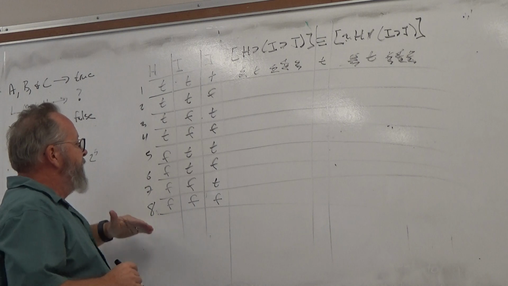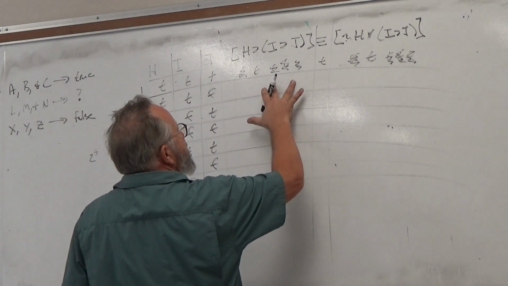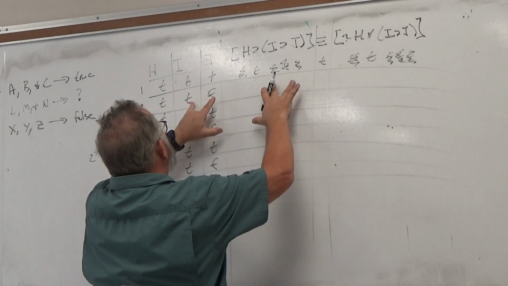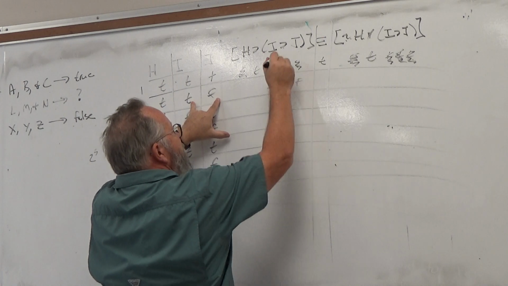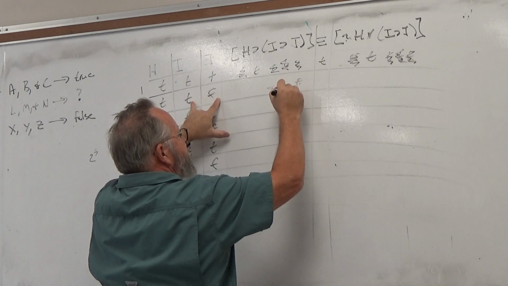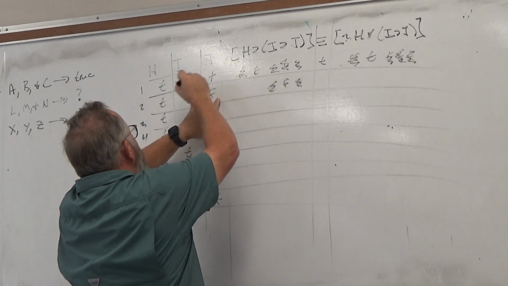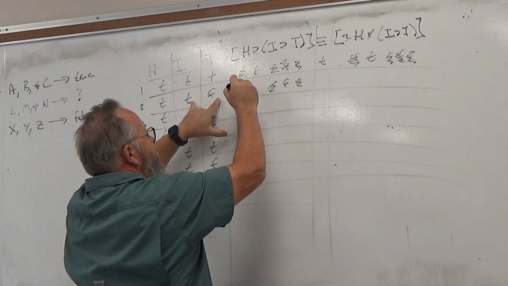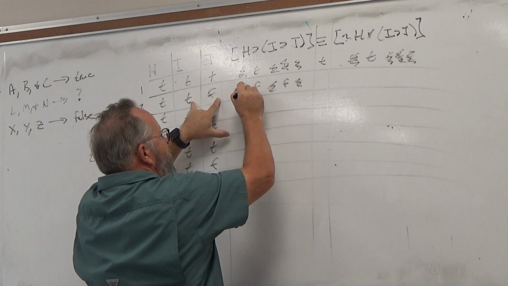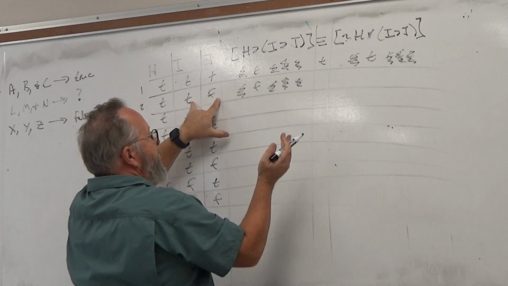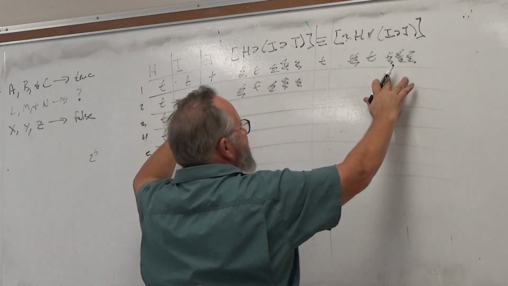Well, now we need to do the same sort of thing with all the rest. Okay, so let's do I then J. On line 2, I is true, and J is false. So we have true, then false, which is false, okay? And H on this line is true, so I end up with true, then false, which is false, okay? So the left side of the biconditional is false. Let's calculate the right side.